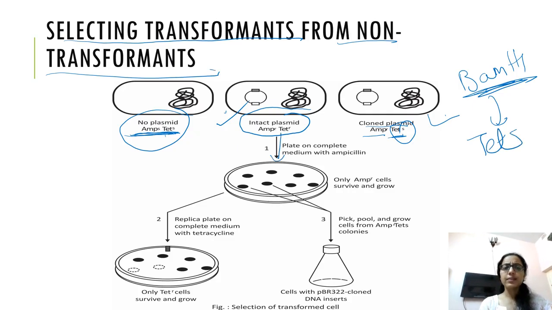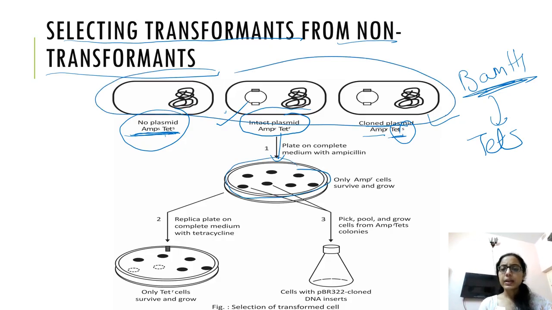First we grow all the cells which we have got on media which contain both ampicillin and tetracycline. When they are growing on both, now we will grow them on the media which contain tetracycline only. This media is having tetracycline.